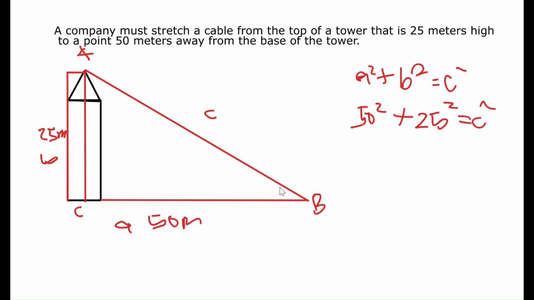So 50 squared is 2500, plus 25 squared is 625, is equal to c squared. Then add both. 2500 plus 625 is equal to 3125.